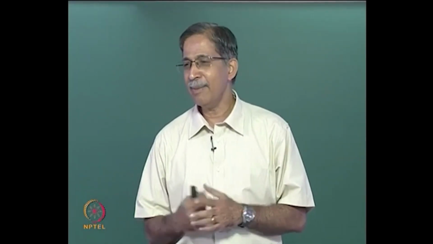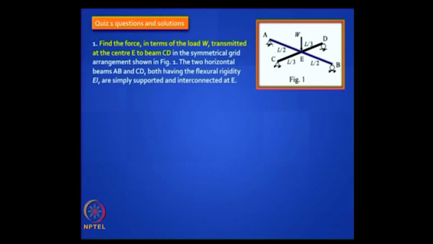You had 4 problems, and remember it's a quiz, so I am not going to tax you. There must be simple ways of doing it, but some of you chose the most difficult ways and you ran out of time. So if you had to do it all over again, how would you do it? Let's see. This was the first problem.